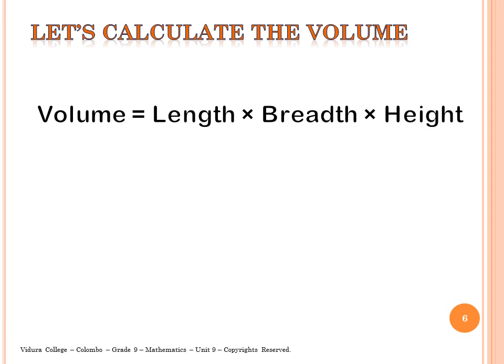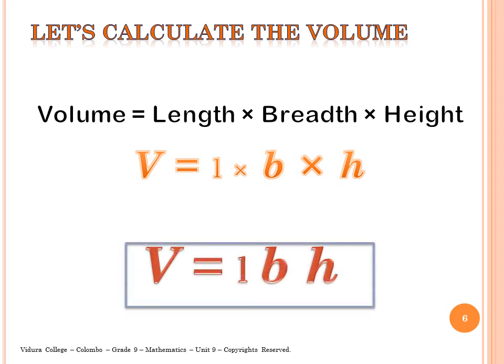In short form, volume is V, length is L, breadth is B, and height is H. So we can write V equals L into B into H. Then V equals LBH.